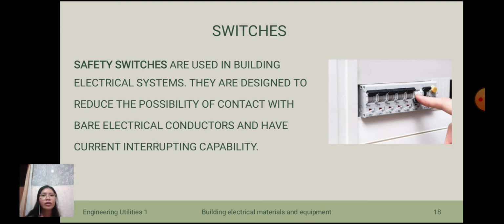So nag-work ang safety switches by monitoring the current in a circuit, and if may ma-detect siya na fault sa circuit, mag-shutdown siya ng power automatically for the safety of everyone. Kaya siya tinawag na safety switches.